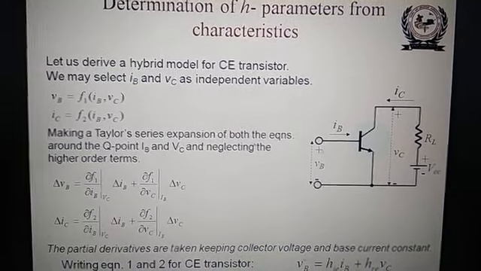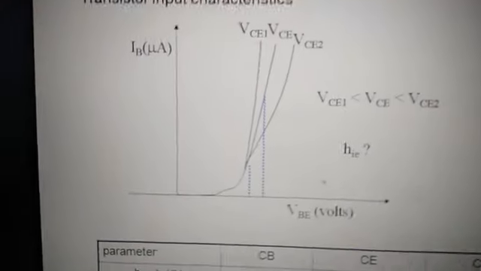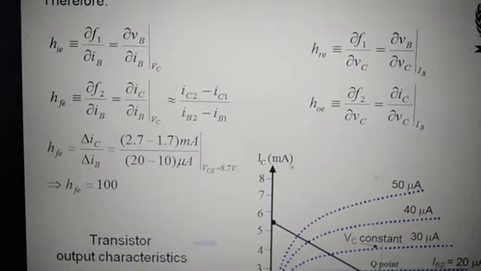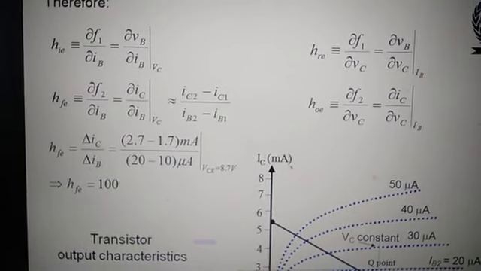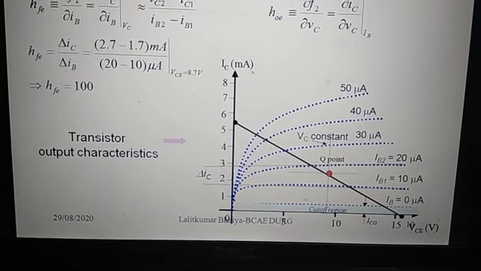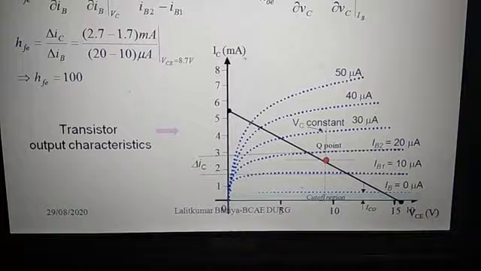We have seen the common emitter amplifier and its H parameters: HIE, HFE, HRE and HOE, and how these parameters can be determined from the input and output characteristics.